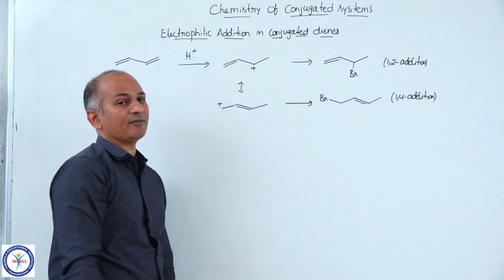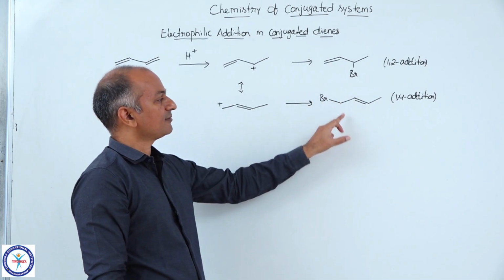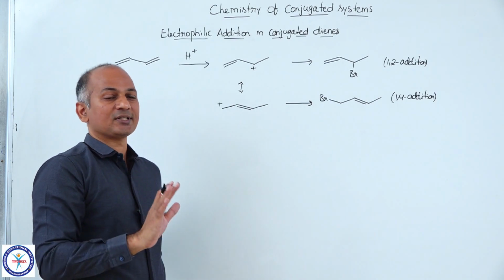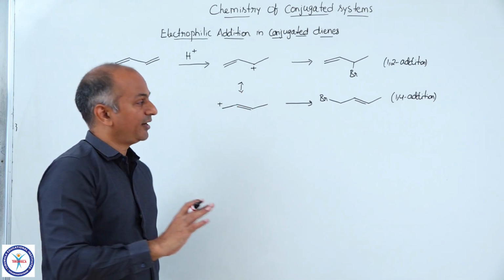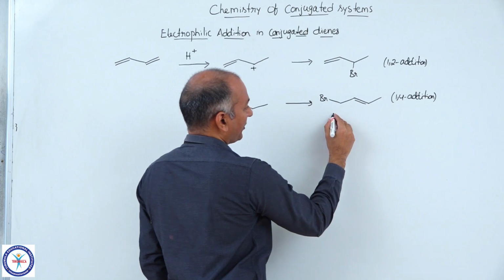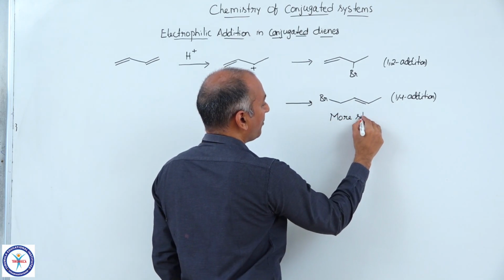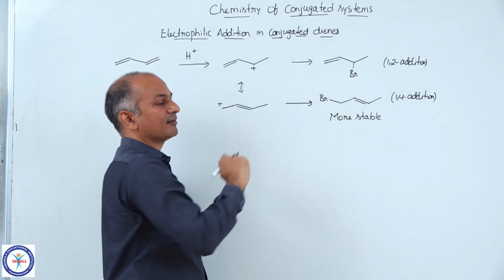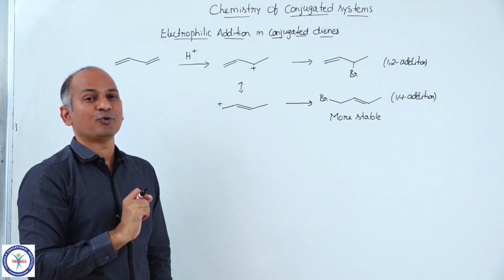All of you see very carefully. Out of these two products, which is more stable? I am asking about the products, not about the resonating structures of the intermediate. Definitely this one, because the double bond is more substituted, with more hyperconjugation structures. So the 1,4 addition product is more stable.